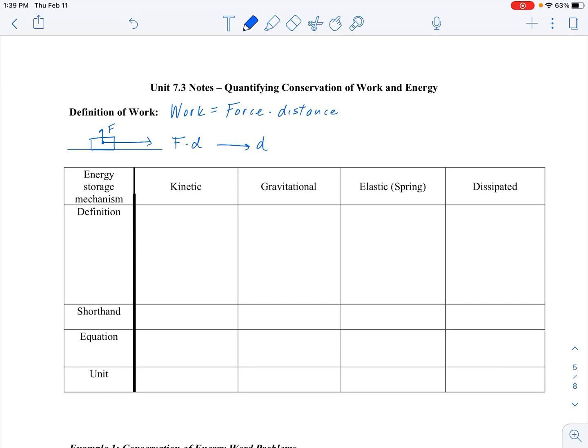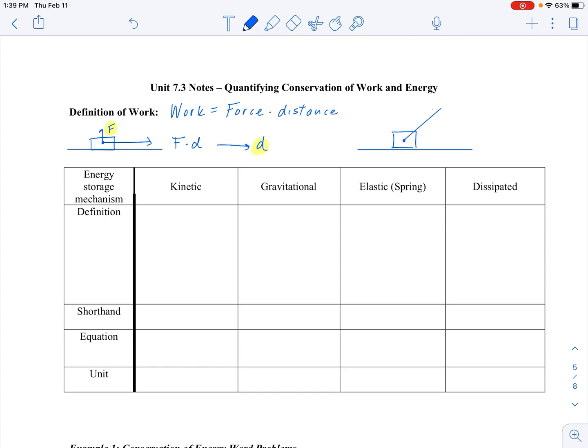And in that case, I would not be doing any work because there's no distance, but I also wouldn't be doing any work if the force that I happen to exert is perpendicular or at a right angle to the distance.